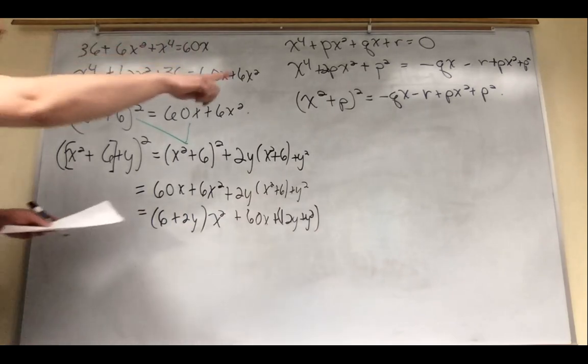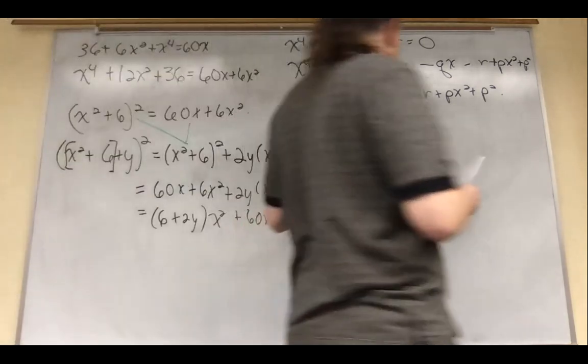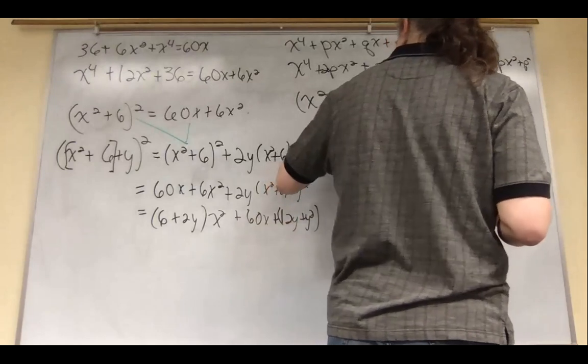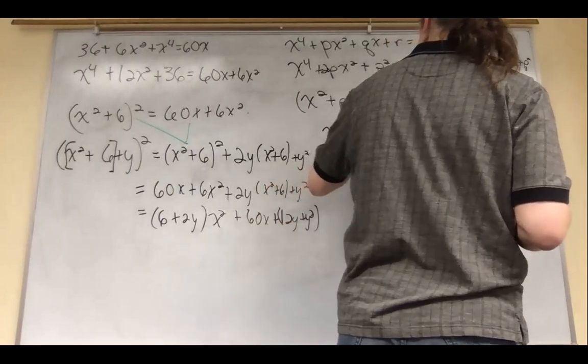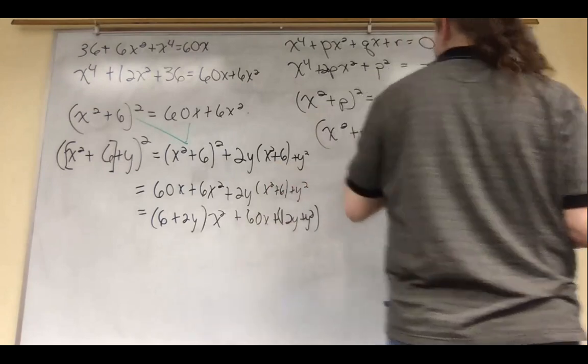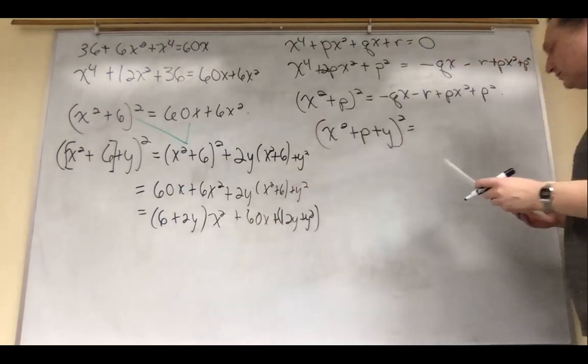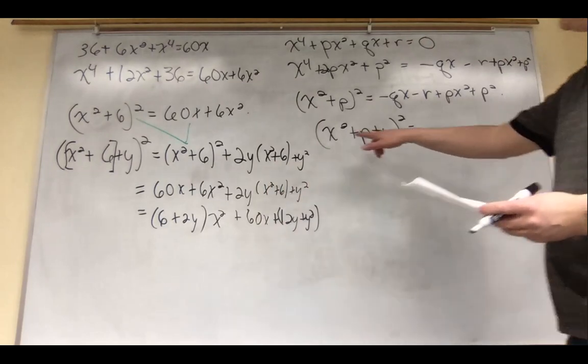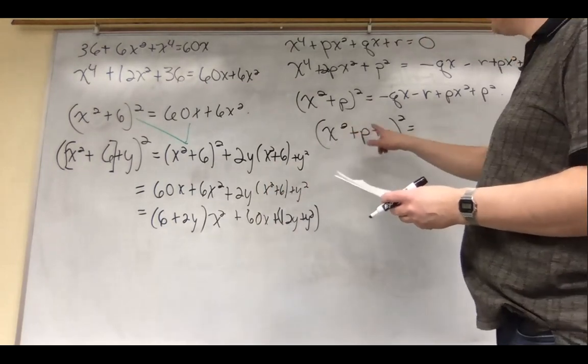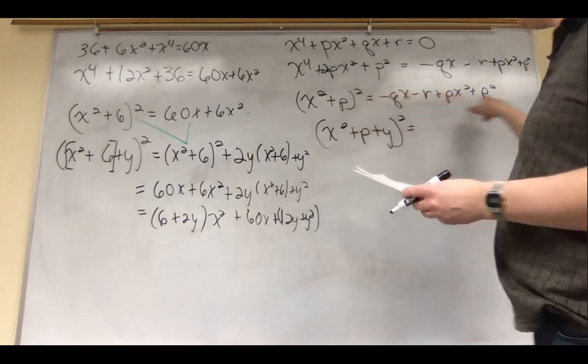Let's see what would happen over here on this side if we did the same thing. We'd have x squared plus p plus y whole thing squared, which, well, let's see this step by step. The first part is going to be x squared plus p whole thing squared, which we said is this.